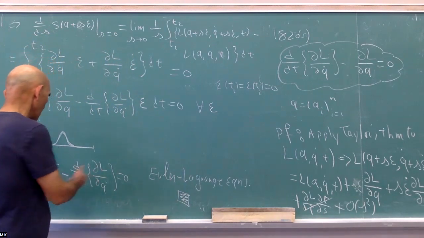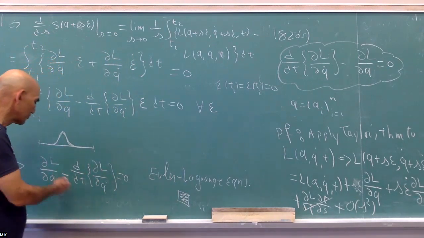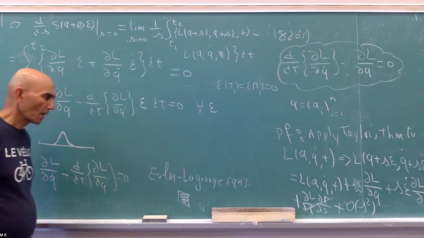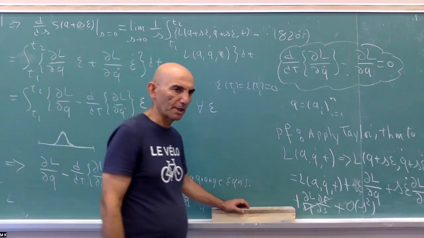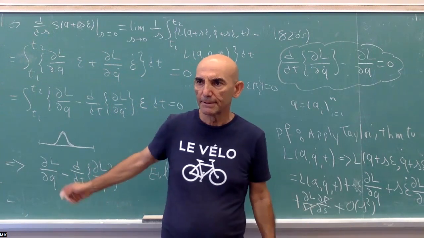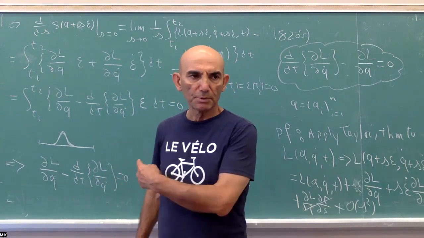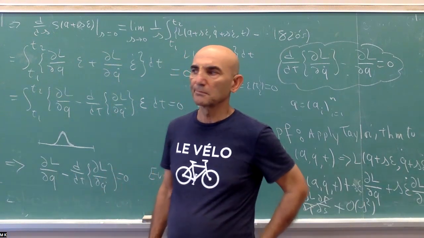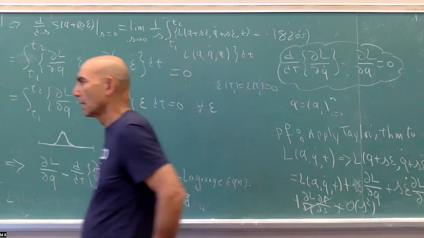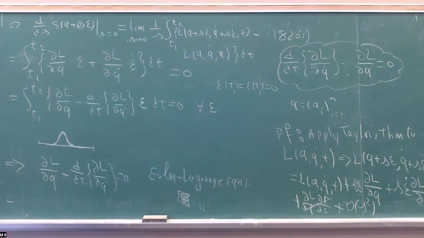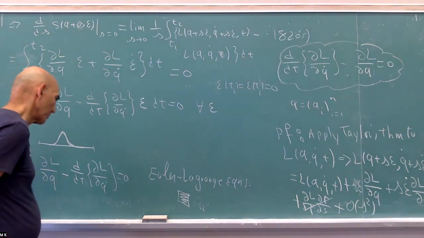This is the Euler-Lagrange equation. Lagrange derived this using other principles of mechanics, not this minimization principle. We use D'Alembert's principle, which is a different foundation for mechanics.